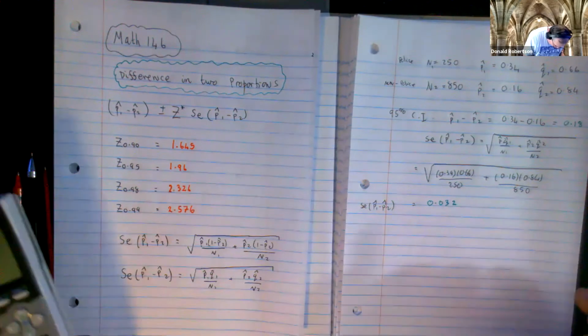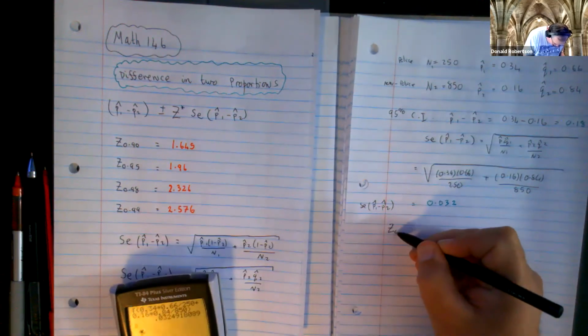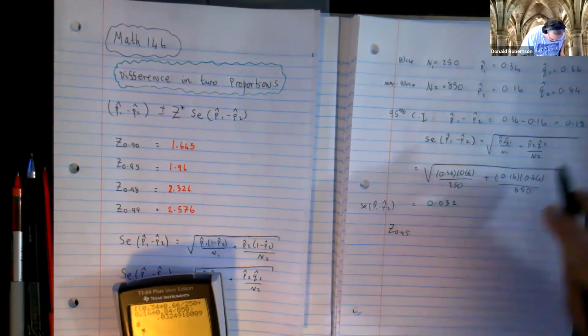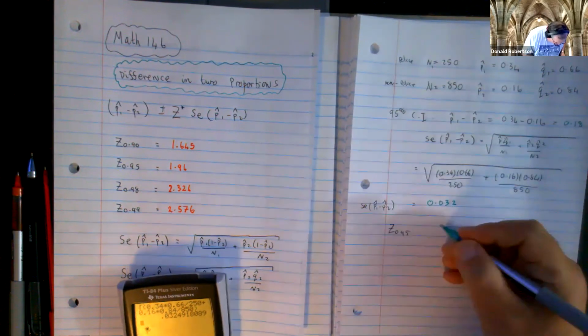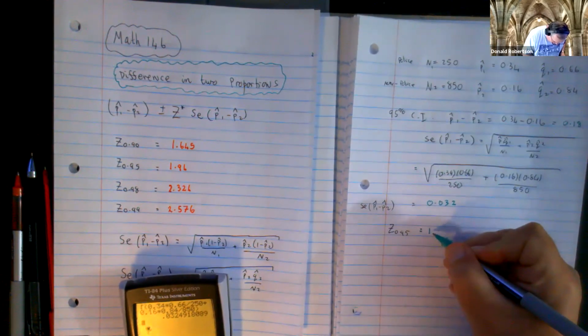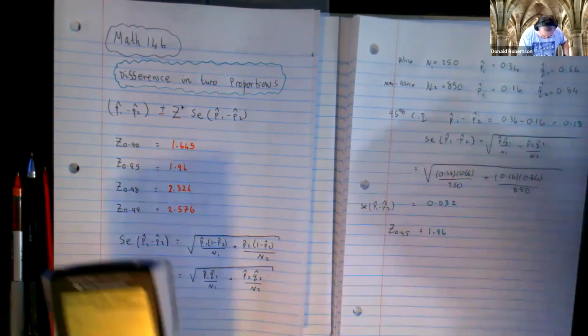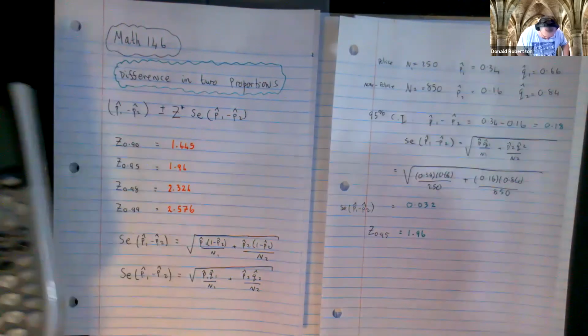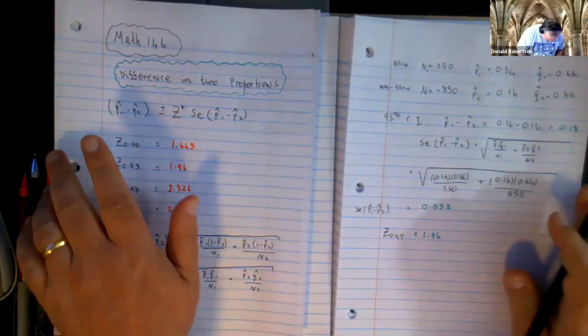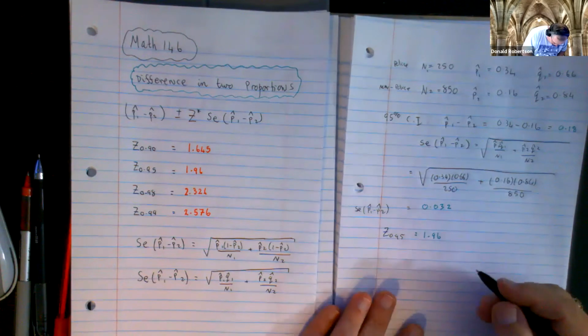I need the magic number, and this is going to be 1.96. So I should be able to put this package together and find my 95% confidence interval.